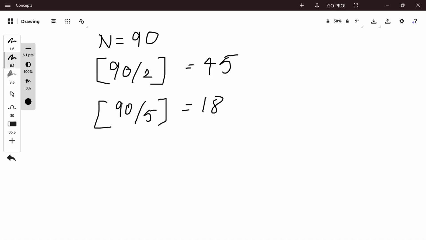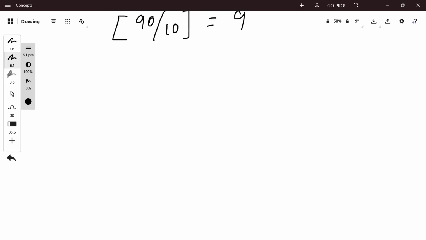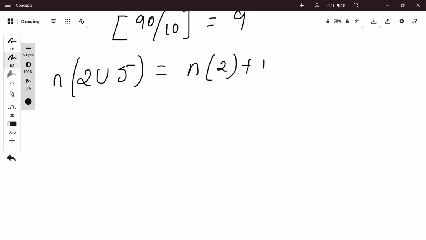is equal to 18. The numbers divisible by both 2 and 5, that is by 10, are 90 by 10, which is equal to 9. So the number of discs divisible by 2 or 5 is n(2 union 5), which is equal to n(2) plus n(5) minus n(2 intersection 5).